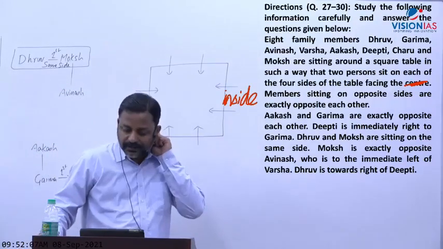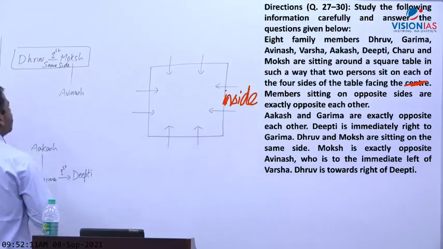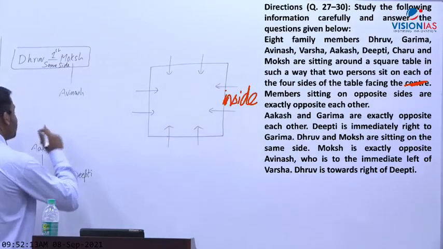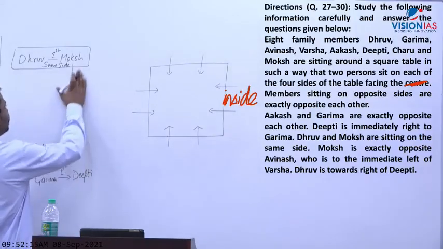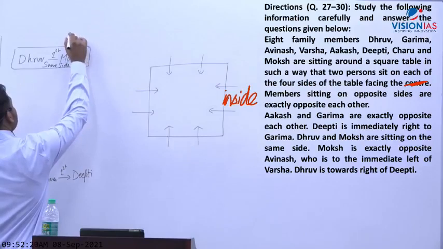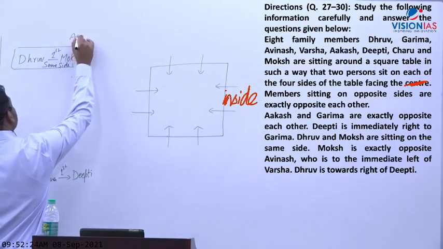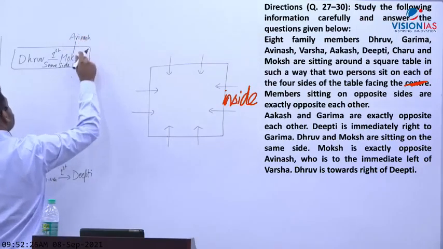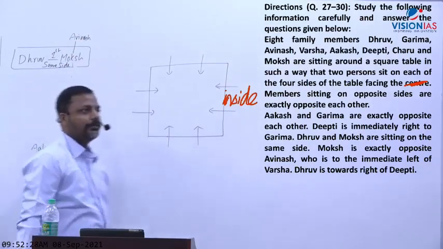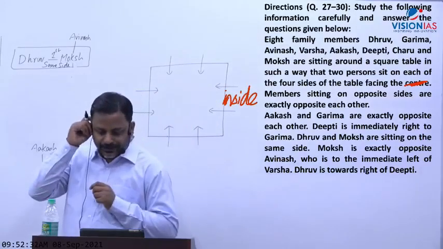Who is to the immediate left of Varsha? It means Avinash is to the immediate left of Varsha. Again, we are dealing with the same problem. So what we will do, we will place Avinash over here. So Moksh and Avinash are sitting opposite to each other.